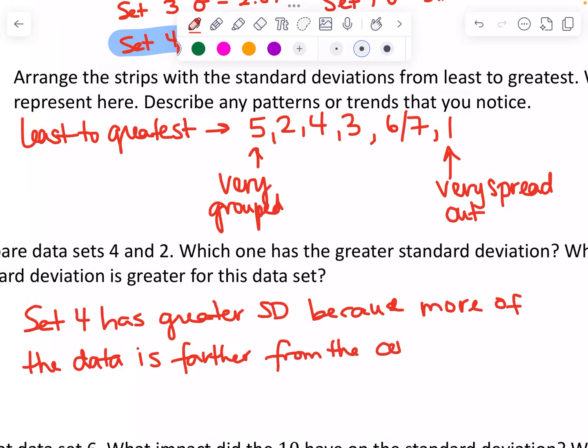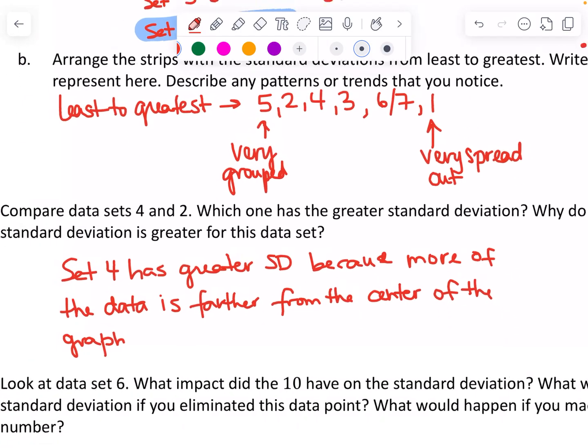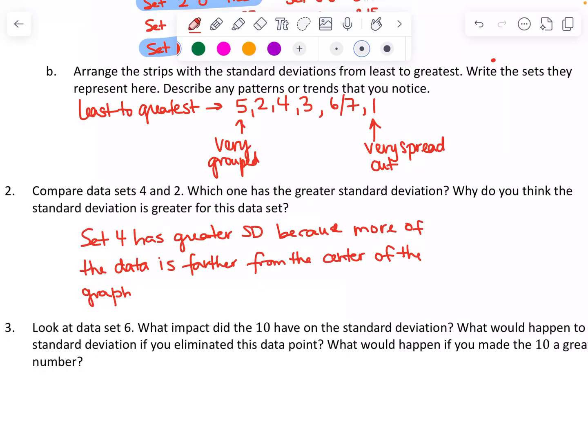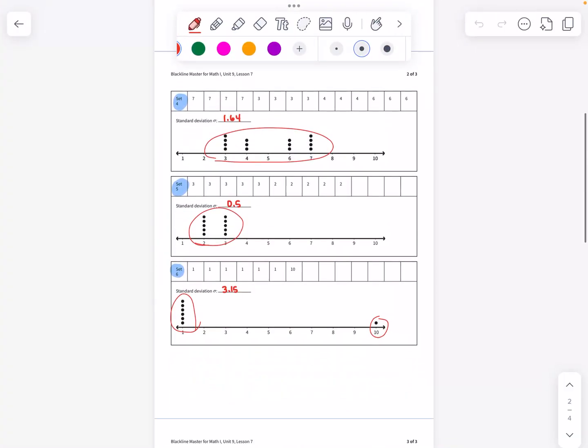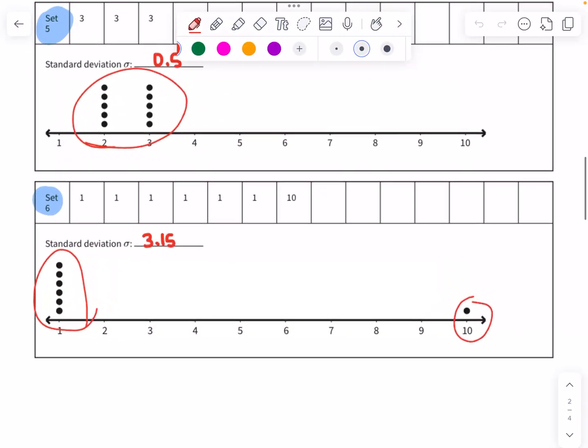All right, number 3, look at data set 6. Okay, so we're going to focus on 6 next. What impact did the 10 have on the standard deviation? Okay, so let's look at data set 6. Here it is. Yeah, that 10 is really far away. That's going to make the standard deviation, the spread of the data, right, bigger.